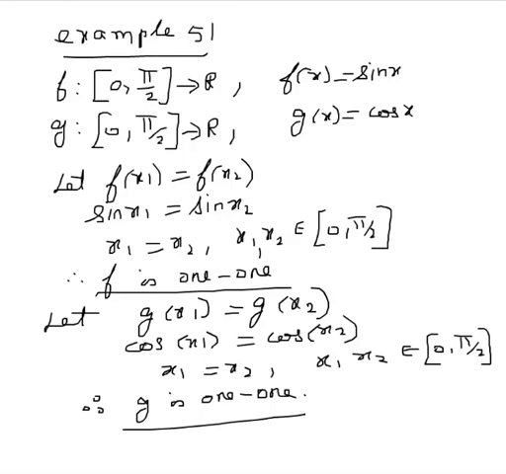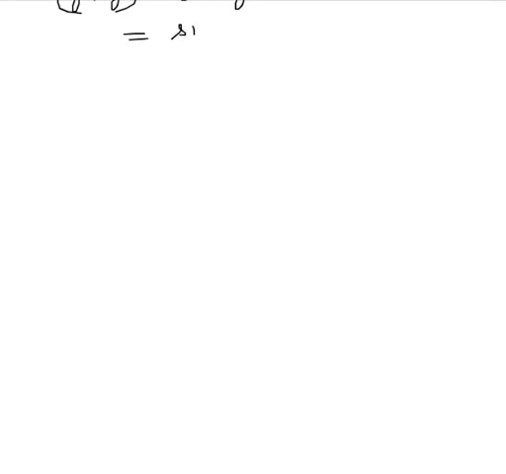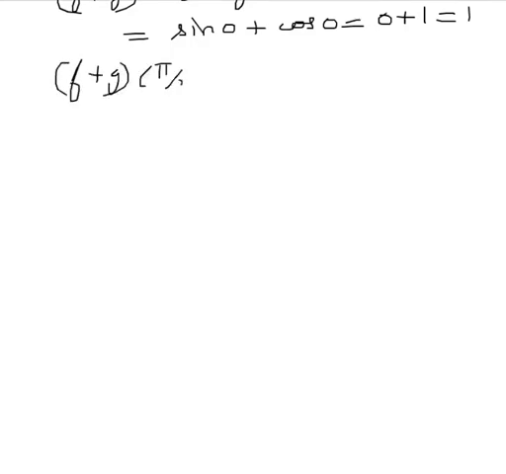Now we have to show that f plus g is not 1-1. Let us calculate (f plus g) of 0. This becomes f of 0 plus g of 0. That is sin 0 plus cos 0. Sin 0 is 0, cos 0 is 1. The answer is 1. Calculate (f plus g) of pi by 2, which is f of pi by 2 plus g of pi by 2.